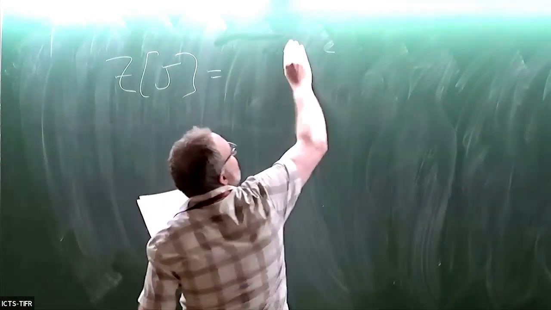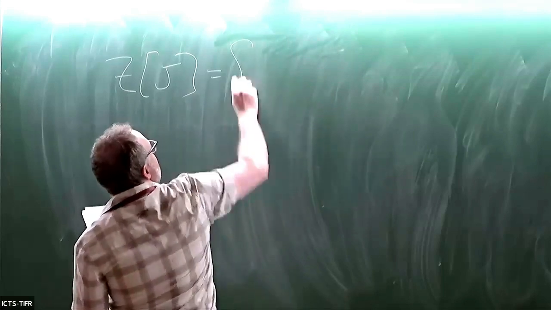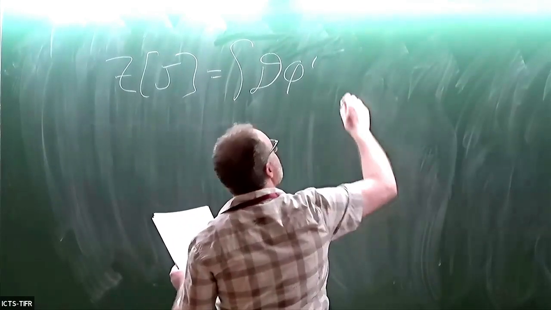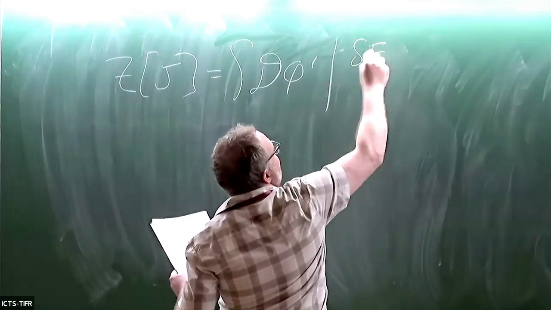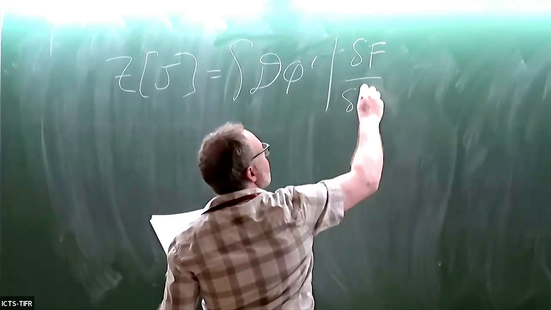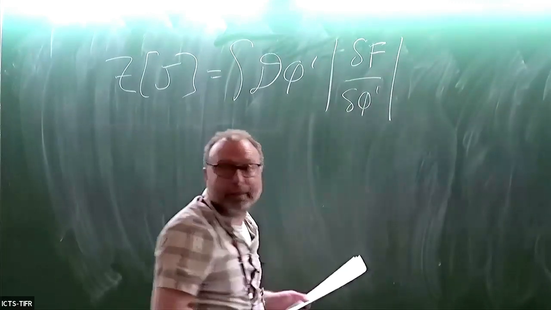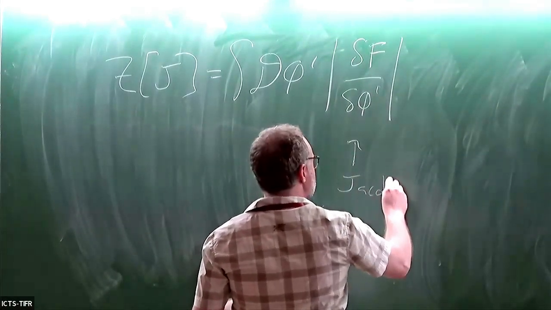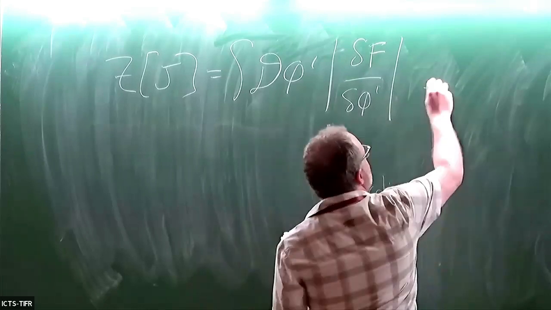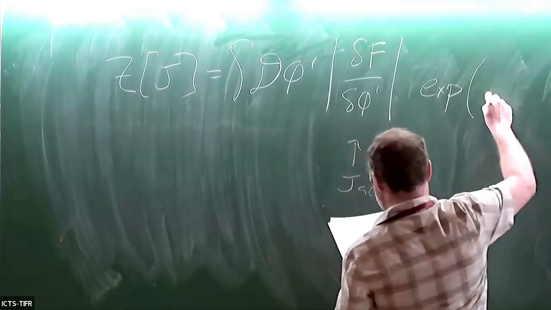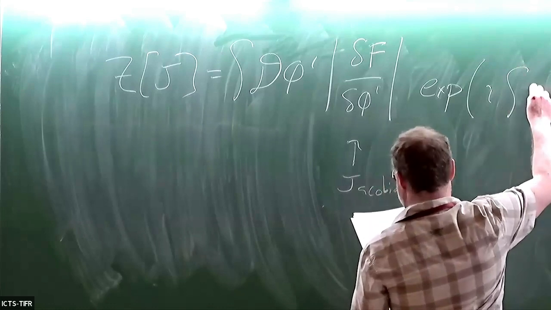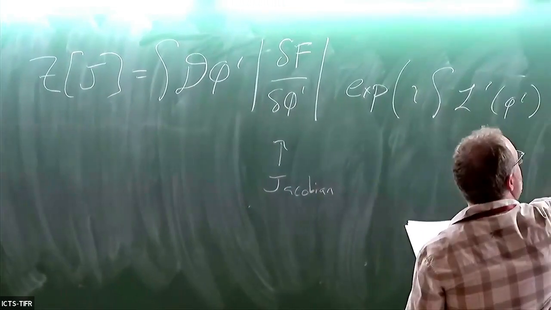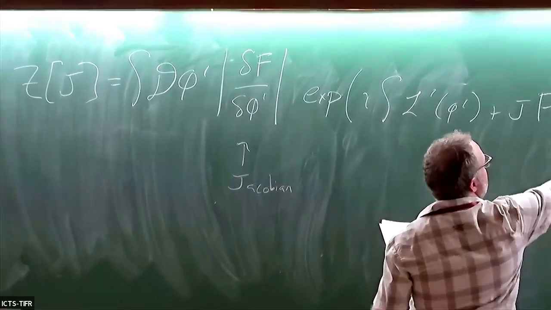And what I get is the path integral over the prime fields. I get a Jacobian factor because I did a change of variables in an integral, okay? So this is a Jacobian. And I get e to the i integral of L prime of phi prime plus J f of phi prime.